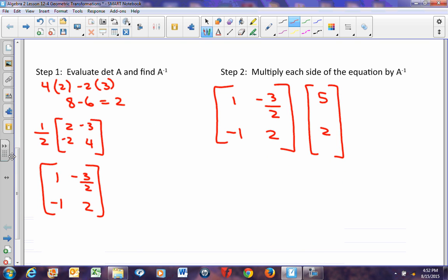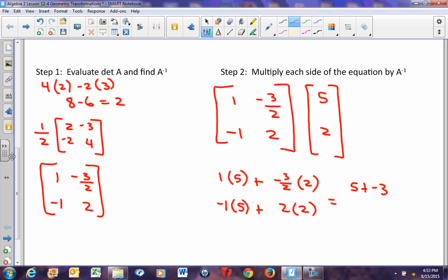So we're just going to do 1 times negative 5 plus negative 3/2 times 2. And then we're going to do negative 1 times 5 plus 2 times 2. So that will give us 5 plus negative 3 here, and negative 5 plus 4 here.